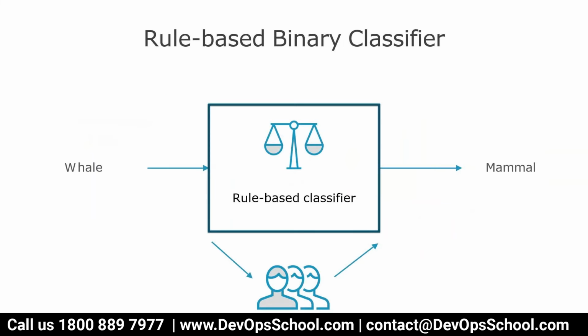If he's a human expert, he will have a certain logic, which you can call a rule. If I ask you whether a whale is a mammal or fish, you'll say fish. Oh, sorry, you'll say mammal. Why? Because in your mind you have certain data and certain rules to decide whether it is a mammal or a fish, and based on that you decide, right?